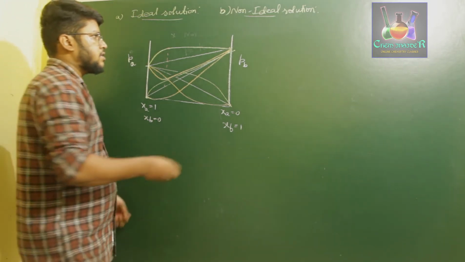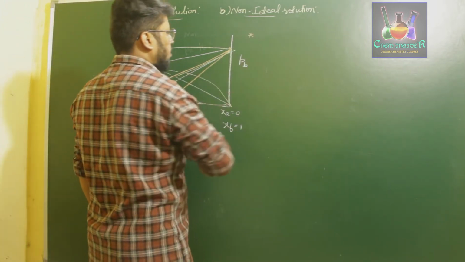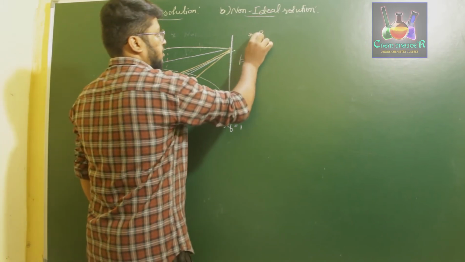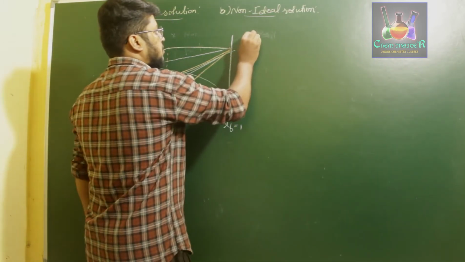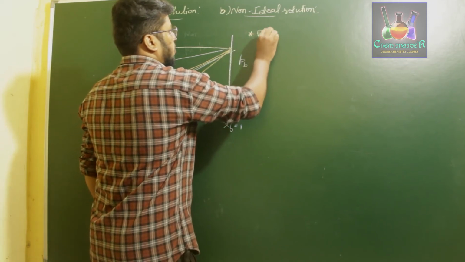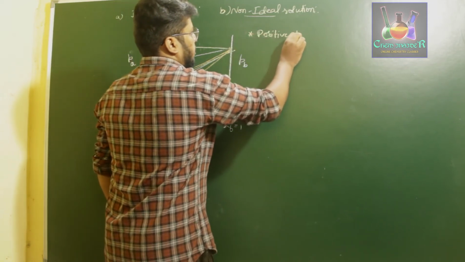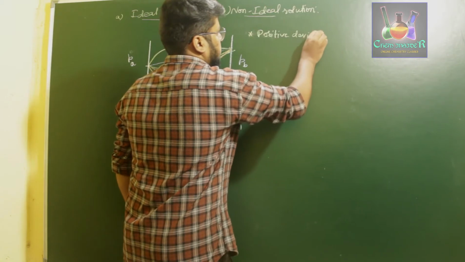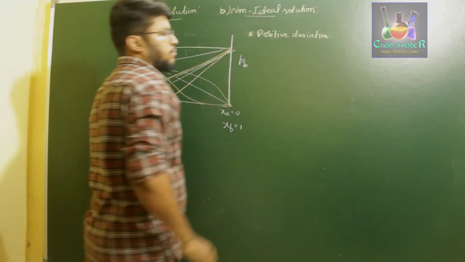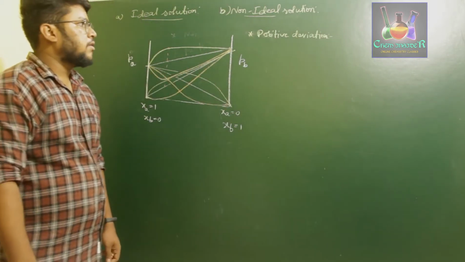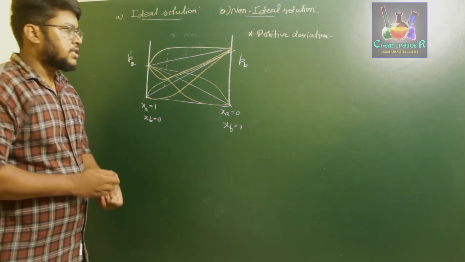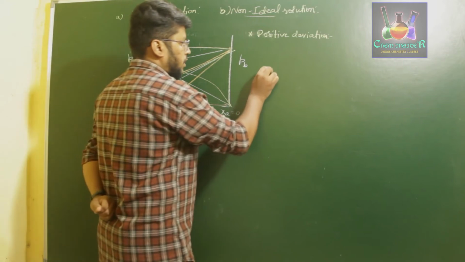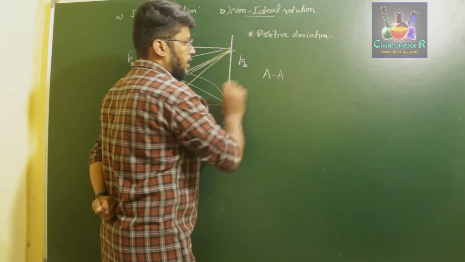So let us consider the first one, positive deviation. Positive deviation takes place when you have interaction of particles. Let us say we have taken two components.